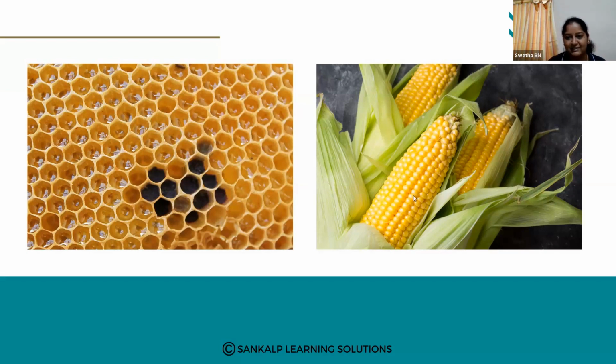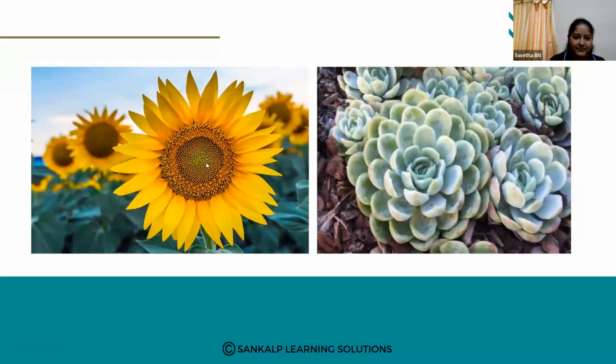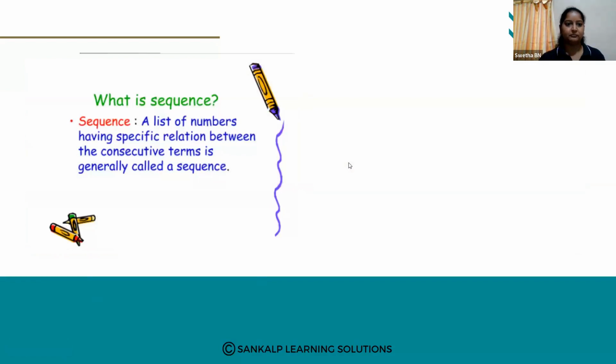Seeds in the maize cob, holes in the honeycomb, and the petals and seeds of the sunflower. So we can see the patterns here. Like that, arithmetic progression is also nothing but a pattern of numbers.